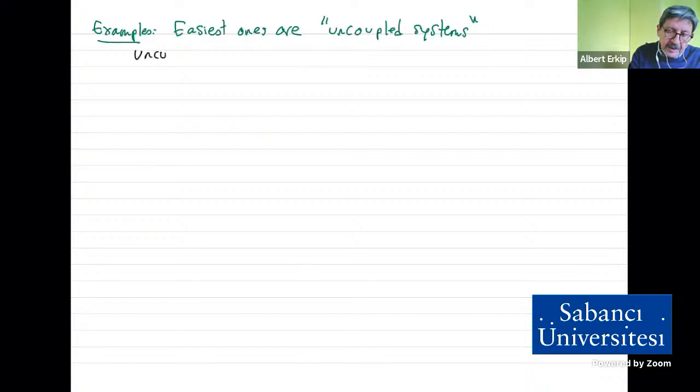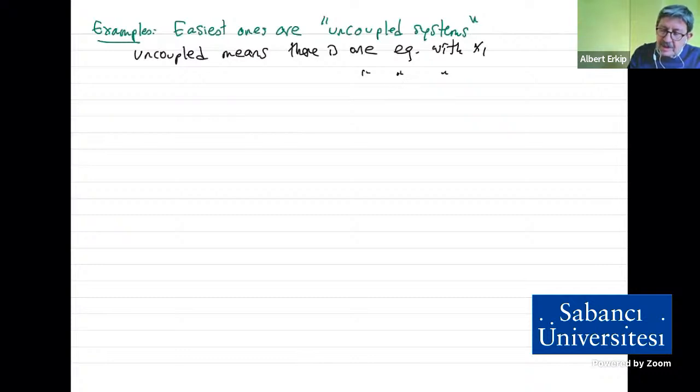Uncoupled means there's one equation with x1, one equation with x2, one equation with xn: x1 only, x2 only, and xn only.